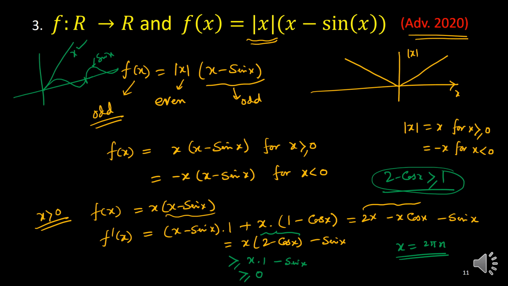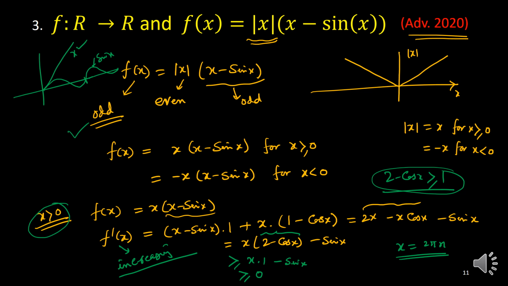So this is more than 0, means a monotonically increasing function. So on the right side, when x is more than 0, the function is increasing. As it is an odd function, if the right side is increasing, the left side will also be increasing. So there is no need to compute again for x less than 0, because it is an odd function.